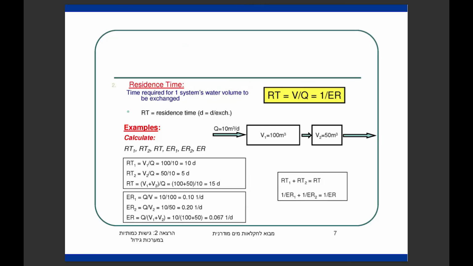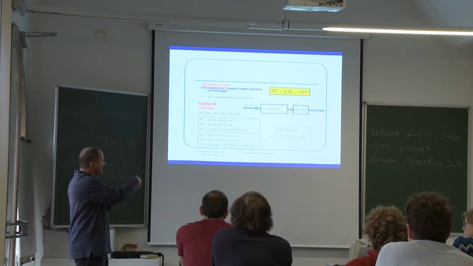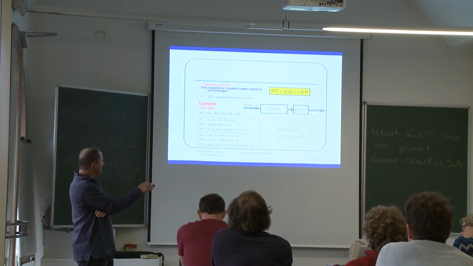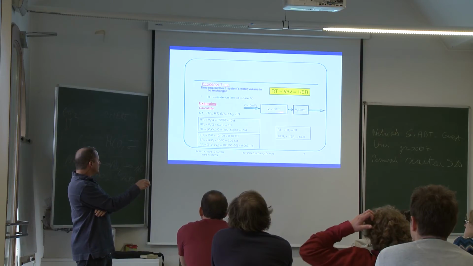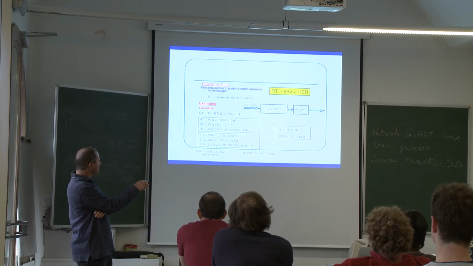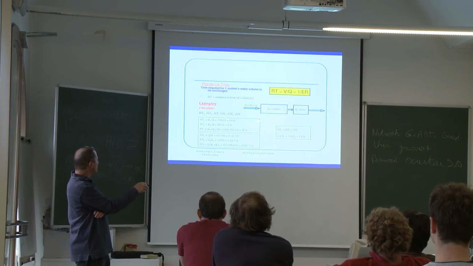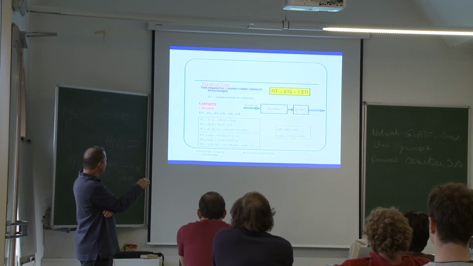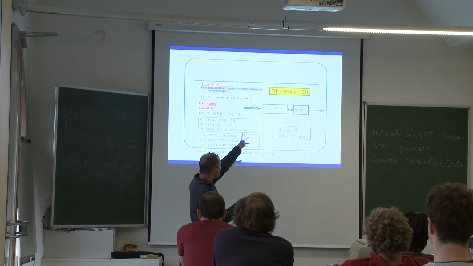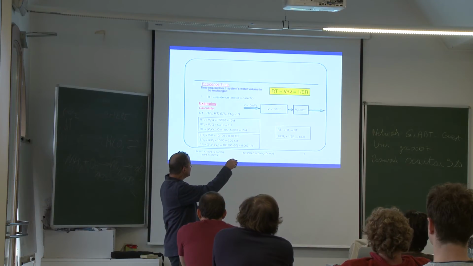The other term, which is related, is the retention time. So we can talk about how much water we exchange, or how much time water stays in this system. So if we had 2 reactors, 2 ponds, and this is the Q, the inlet is 10 cubic meters per day, and it goes into another reactor and then goes out, then the retention time would be V over Q. Pay attention, just the opposite: the reciprocal of the exchange rate is the retention time.